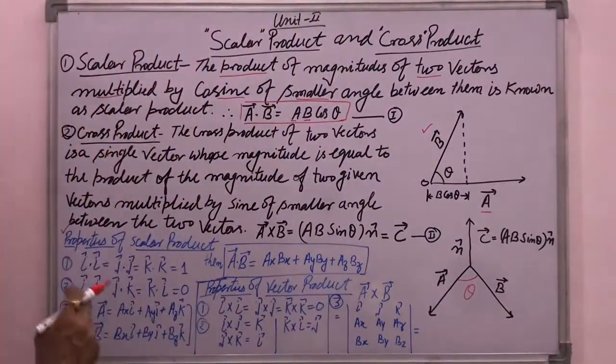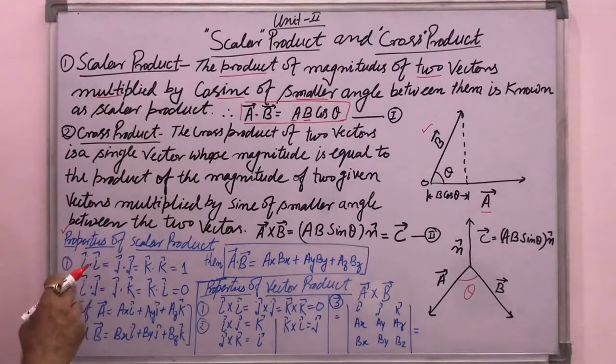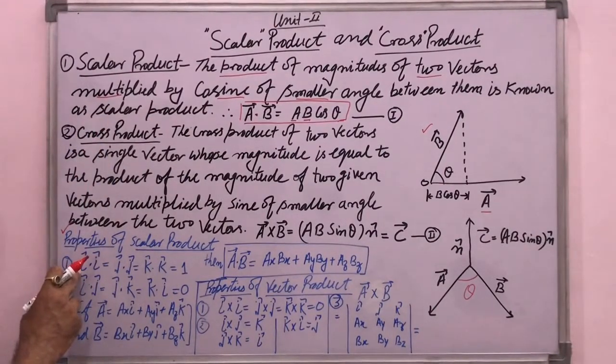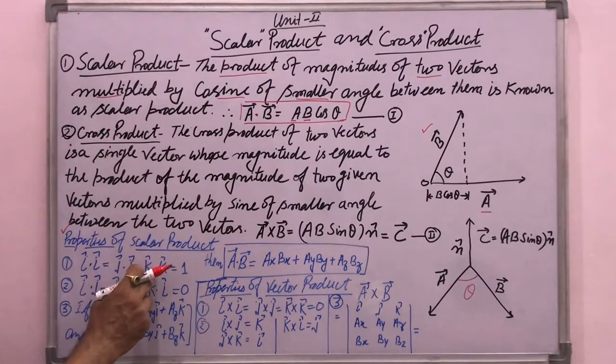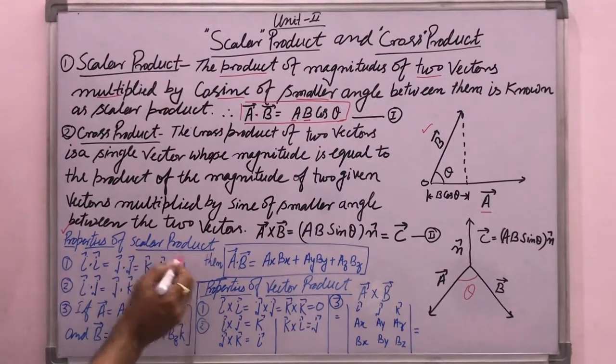If we multiply them under the dot product, i dot i, j dot j, k dot k is always equal to 1.